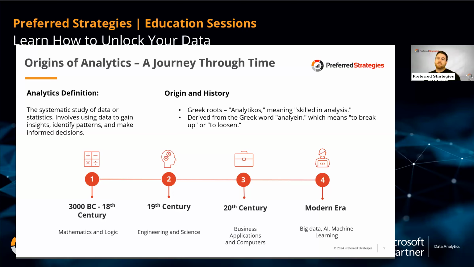Fast forward now to the 19th century, where another visionary, a guy named Charles Babbage, who's often considered to be the father of the computer, saw potential in using machines to analyze large sets of numbers for primarily engineering and science applications.